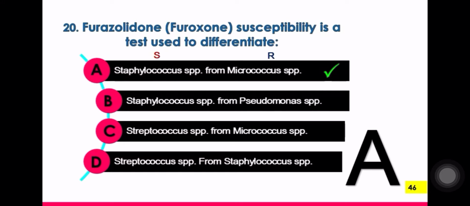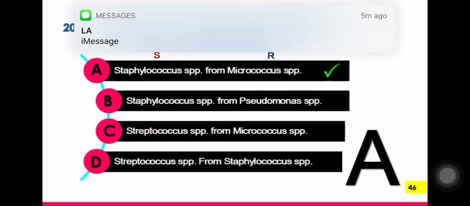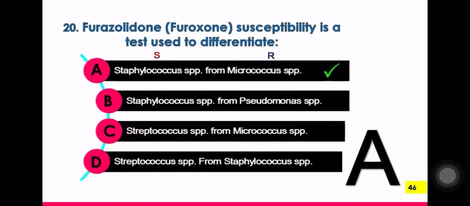Oxidative organisms can only metabolize glucose under aerobic conditions, where the ultimate hydrogen acceptor is oxygen. Fermentative organisms metabolize glucose where the ultimate hydrogen acceptor is another substance, for example sulfur. So remember, Micrococcus is oxidative, Staphylococcus is fermentative.